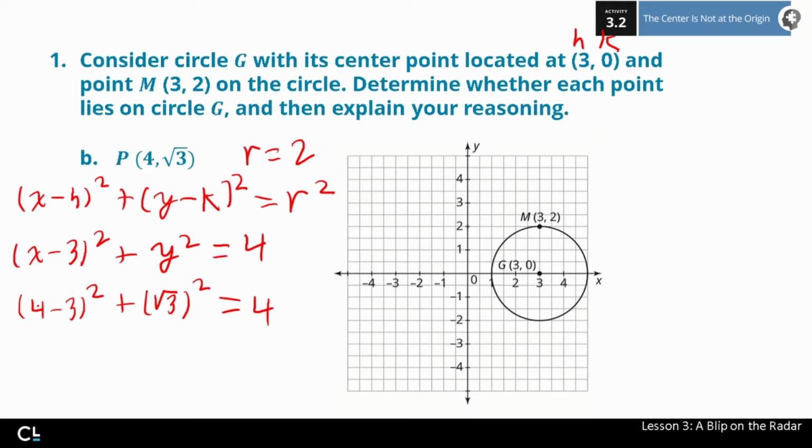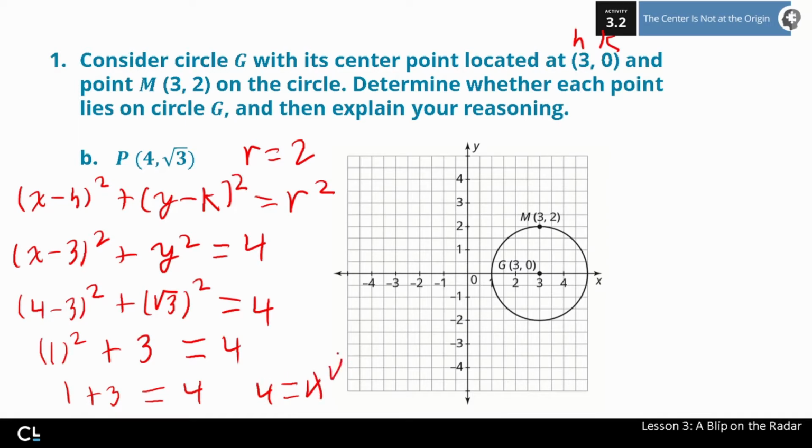This one's actually a simpler one. 4 minus 3 gives me 1. We get 1 squared. Plus, we could square this right now. Radical 3 squared, the square and the radical cancel. That just leaves me with 3. What is 1 squared? 1 plus 3 equals 4. Is that true? 4 equals 4.